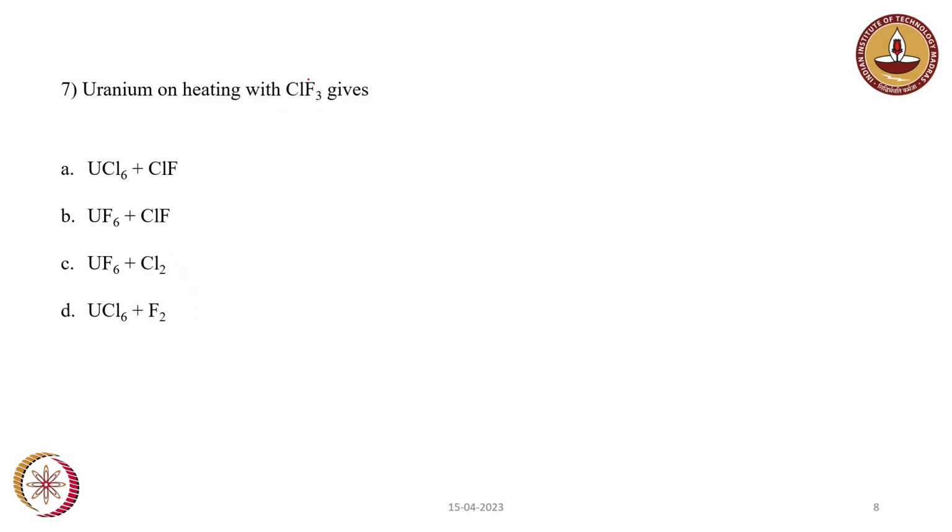So ClF3 can act as a fluorinating agent. So the reaction of uranium plus 3ClF3 will give UF6 plus 3ClF.